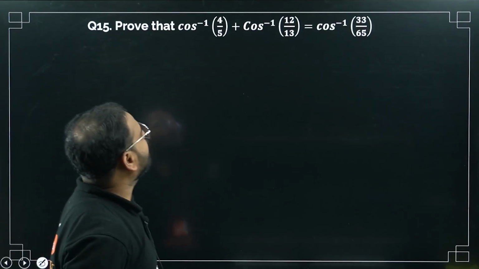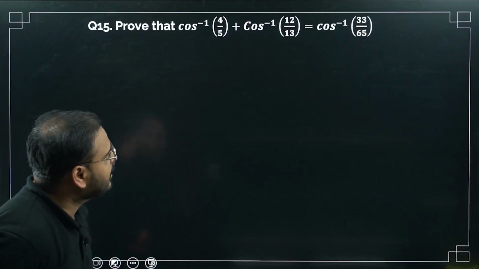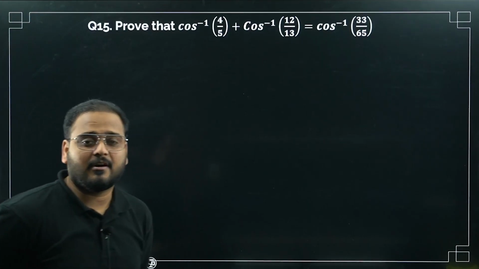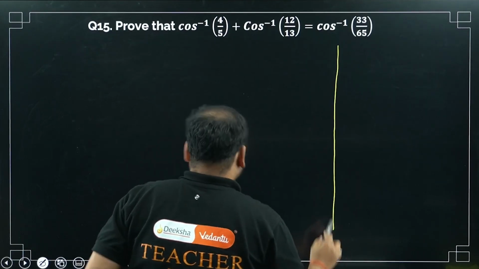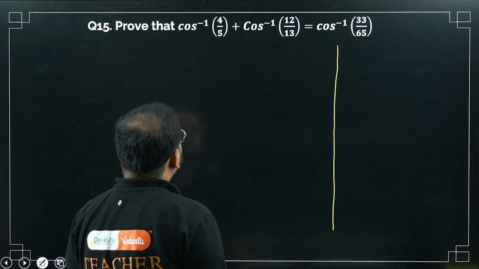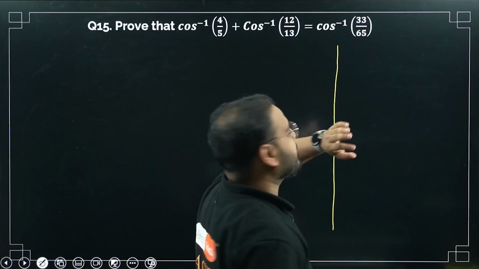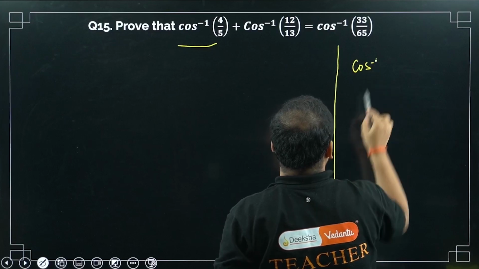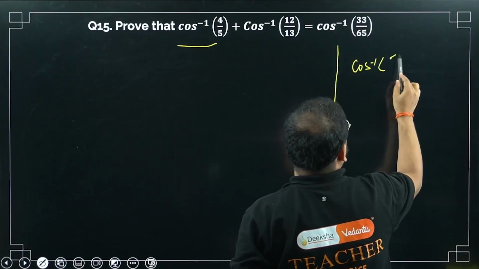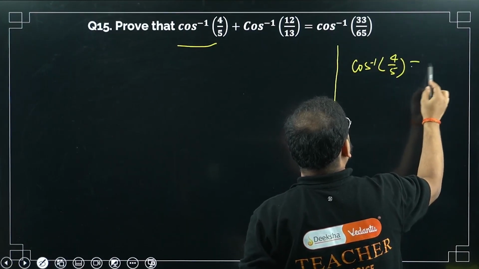Prove that cos inverse of 4 by 5 plus cos inverse of 12 by 13 equals cos inverse of 33 by 65. A very good question. You'll see now. First of all, I have to find the value of assumptions. Please check. If I take cos inverse of 4 by 5 to be A, my first assumption is this.